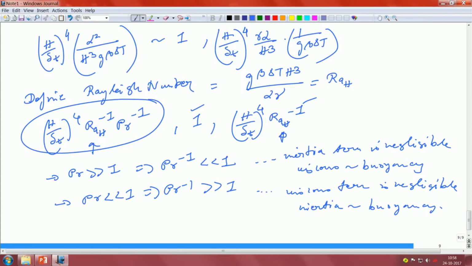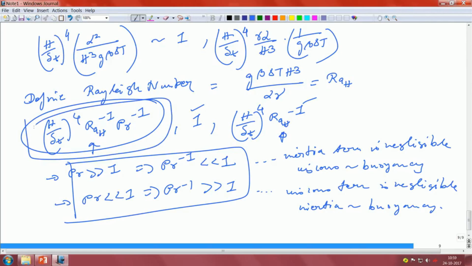So, naturally this shows that we have to solve this equation in two ways, in the two extreme limits. One is for Prandtl number much greater than 1, one is for Prandtl number much less than 1, because depending on the terms that we see here, they are very similar except they are differentiated by the Prandtl number.